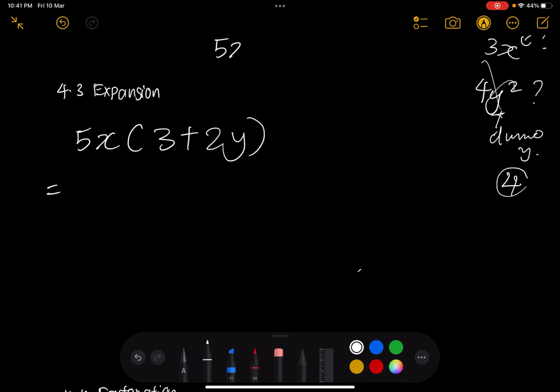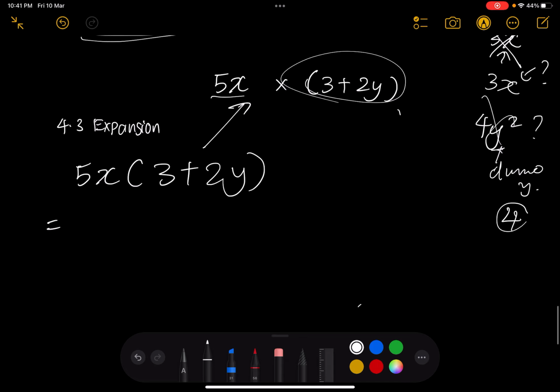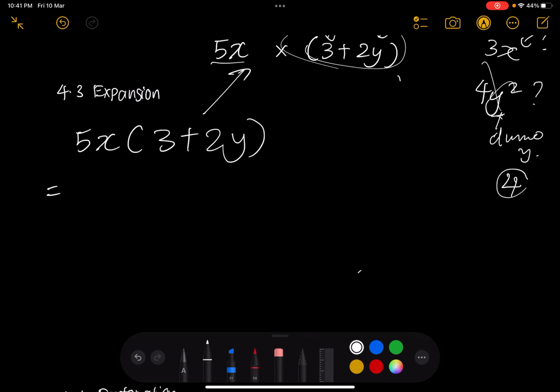The concept behind this is, okay, so what this is saying is this: 5x times this entire thing. So I want to actually times 5x into the equation 2 times. So expansion is called, I call it the rainbow method lah.